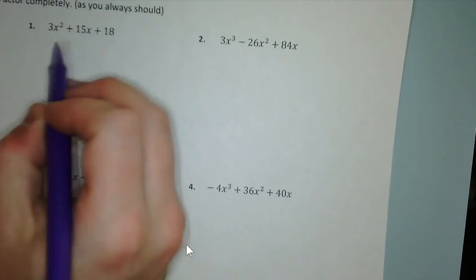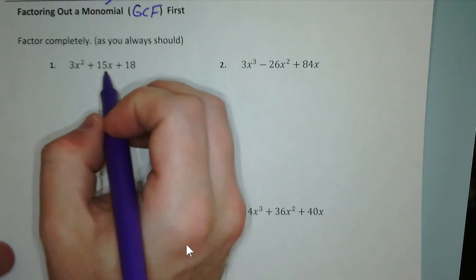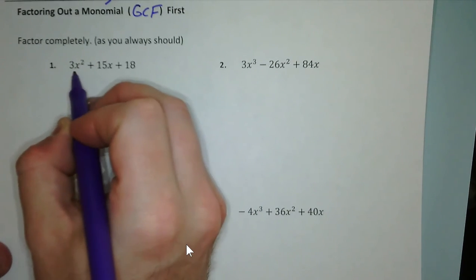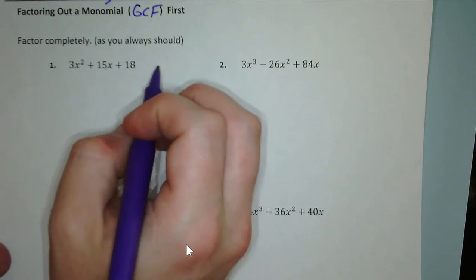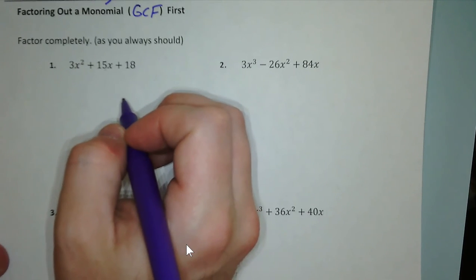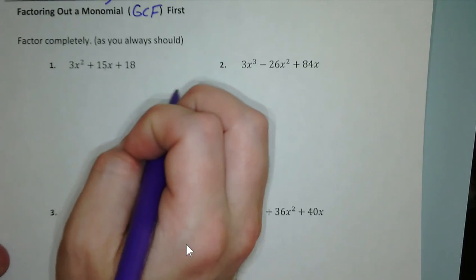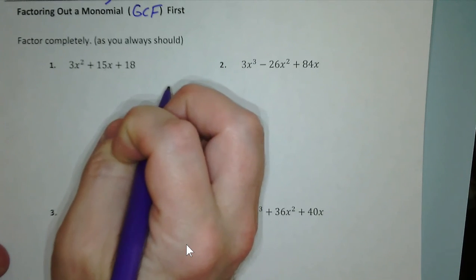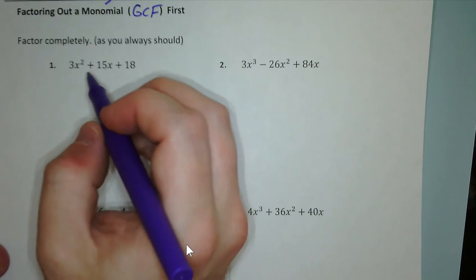But in these problems, there's actually going to be one. So what's the GCF here, Dakaya? From 3x squared, 15x, and 18. What is the GCF? Because there is one. Spoiler alert. I don't know.